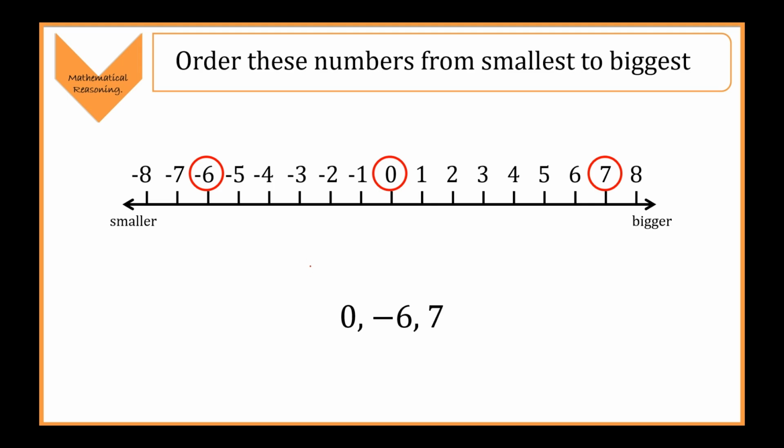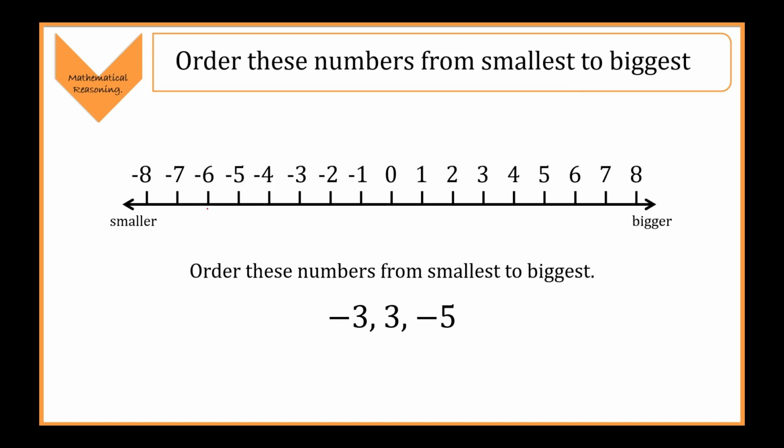Since -6 is the closest number to the left-hand side here, -6 is my smallest number. Then I have 0 as my second smallest number, and then I finally have 7 as my least smallest number. So 7 would be my largest number because it's the closest to the right-hand side instead. So I would order these numbers as -6, 0, and 7 from smallest to biggest.